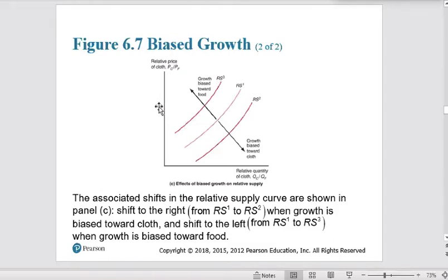So imagine for every single price point, there will be more supply of clothes to the market if there's a biased growth towards clothes.